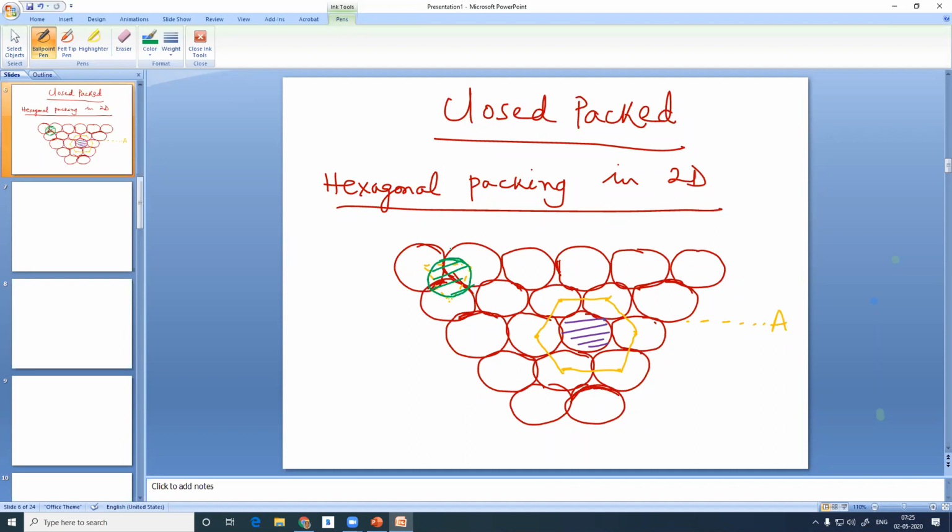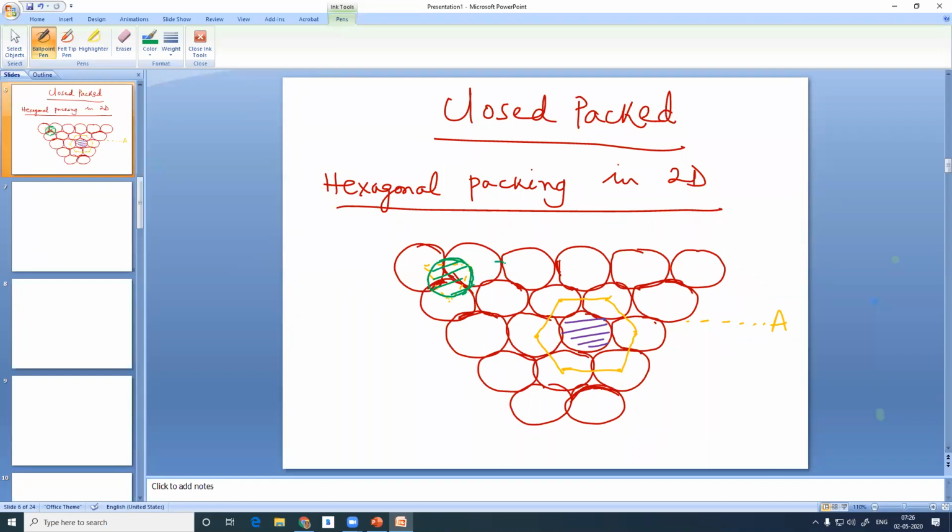So see, if I have put another, the green one, above this cavity, then another I can put here, another I can put here. So in a linear manner, I can put other spheres to complete this line. And if I complete this line, I cannot use this because they are protruding out.